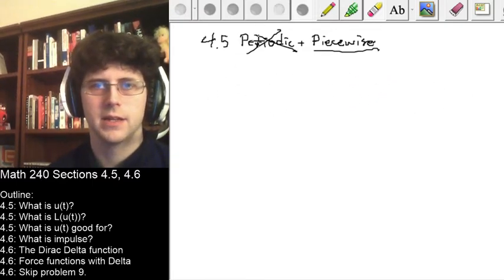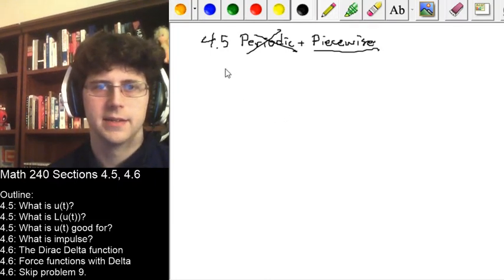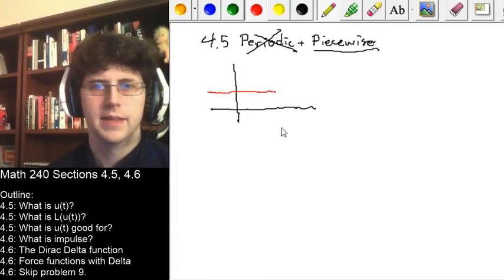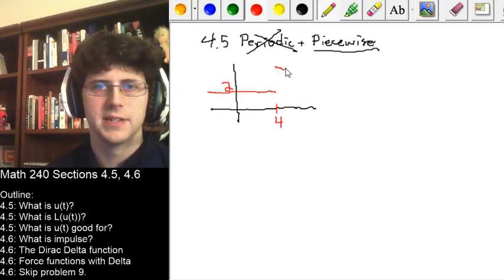So if you have a function, let's say it starts out as like 2, so this will be like at y equals 2, and then suddenly at time t equals 4, it turns into something different. It turns into like 5.